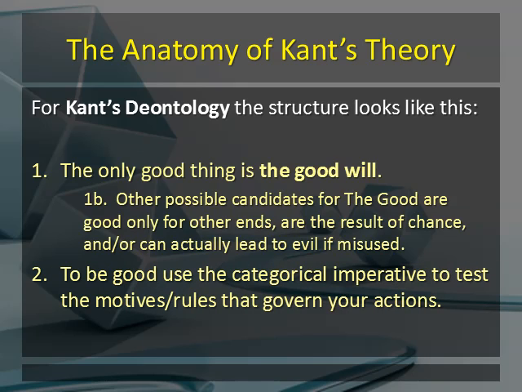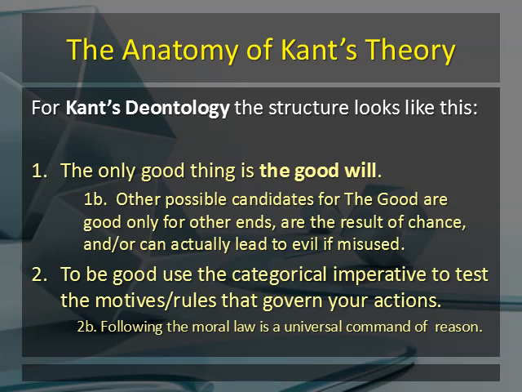The method to be good is to use what is known as the categorical imperative to test the motives or rules that govern your actions. We will explain what the categorical imperative is later, and specifically discuss 2 major formulations of it. The justification for this is that following the moral law is a universal command of reason. Violating the categorical imperative is thought to violate one's reason itself. And an important note here, for Kant the good will is entirely the rational will, the will that conforms to reason.